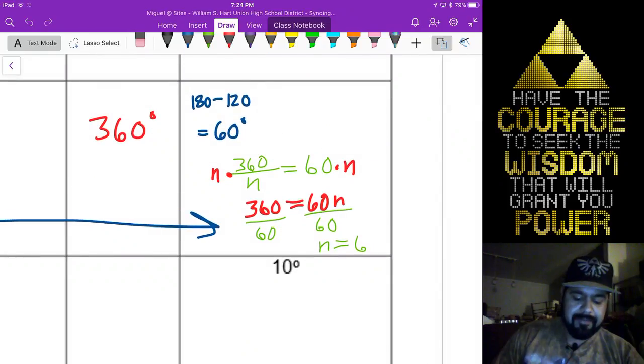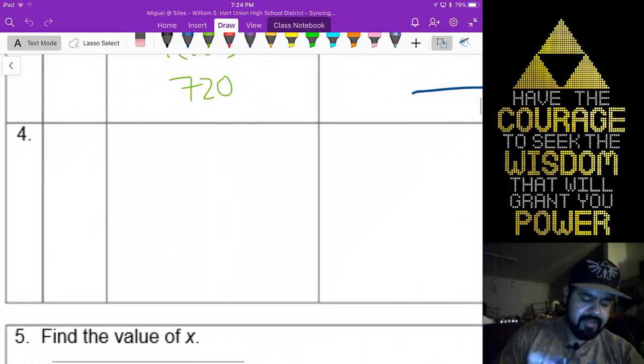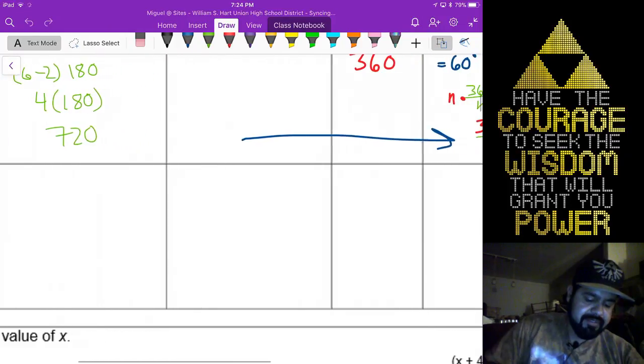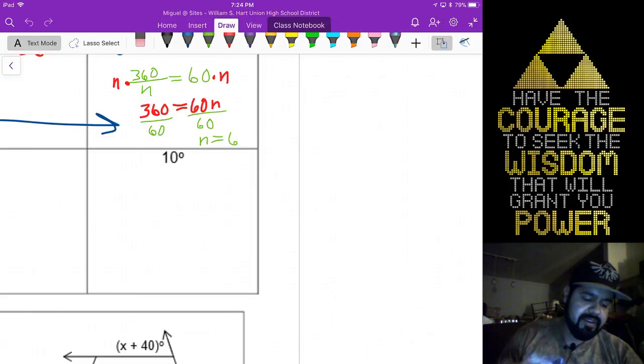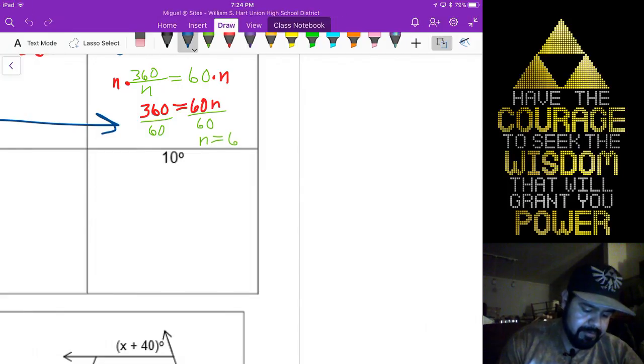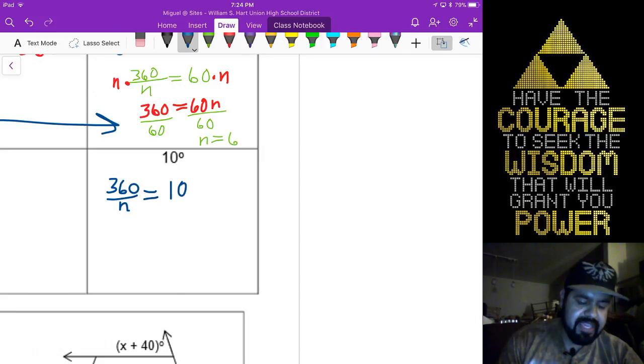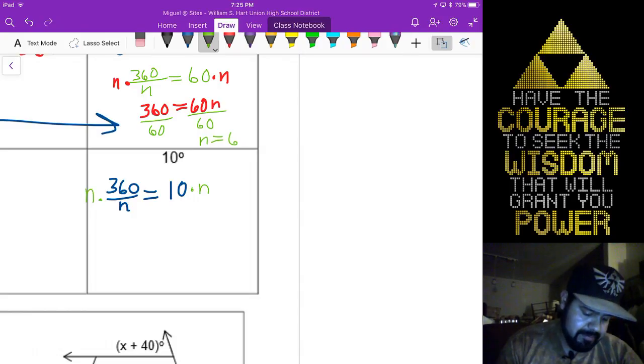Now going on to number 4, right over here, again, I don't have any sides. The only thing I know is the exterior angle. So what I can do here is the same thing as above. We're going to say 360 divided by n equals 10. Yes, that's exactly it, Matthew. So when you multiply both sides by n, you get 360 equals 10n.